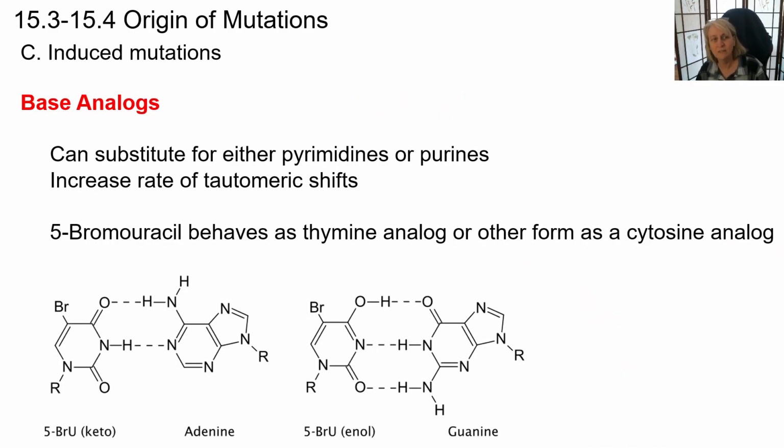So here, one of the things that a mutagen can do is substitute either a pyrimidine or a purine with something that is like a nucleic base, but is not. This chemical here, 5-bromouracil, acts like thymine. Analog means it's similar but not exactly the same.